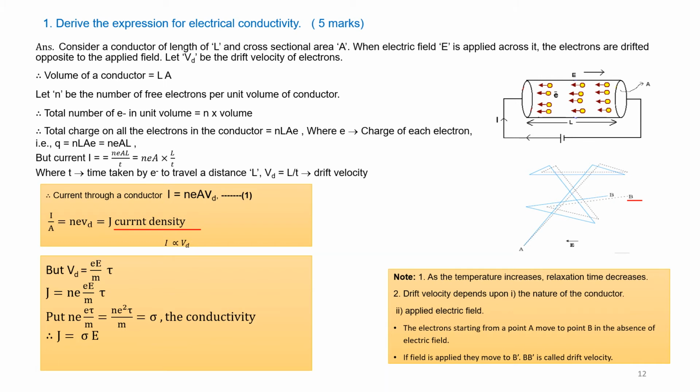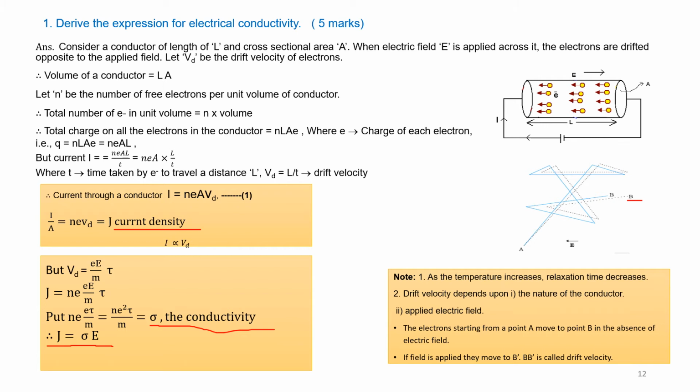Therefore, J becomes N e as it is, and we substitute the value of Vd as e E tau by m. That gives N e square tau by m into E, where N e square tau by m is sigma, the electrical conductivity. Therefore, J is equal to sigma E.